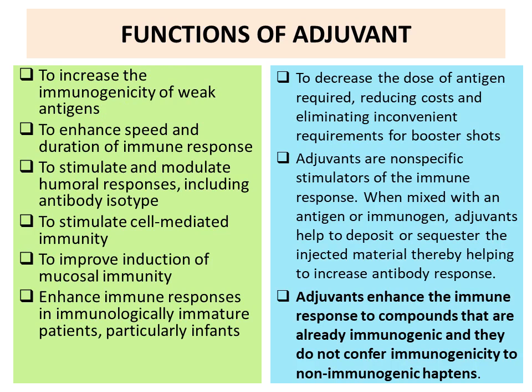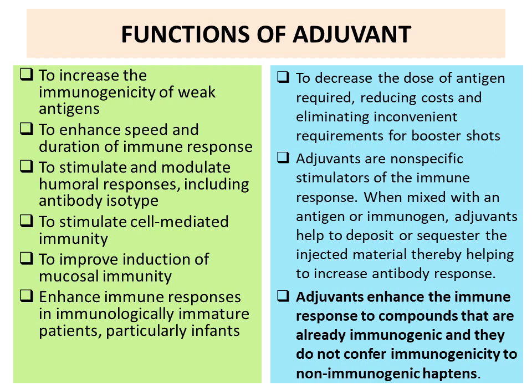So when we find out what are the different functions of the adjuvant, we can definitely say they increase the immunogenicity of weak antigens. Second, they enhance the speed and duration of the immune response. They stimulate and modulate humoral responses, cell-mediated immunity as well as mucosal immunity.